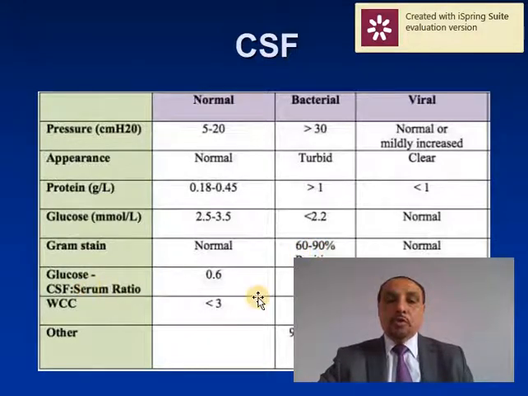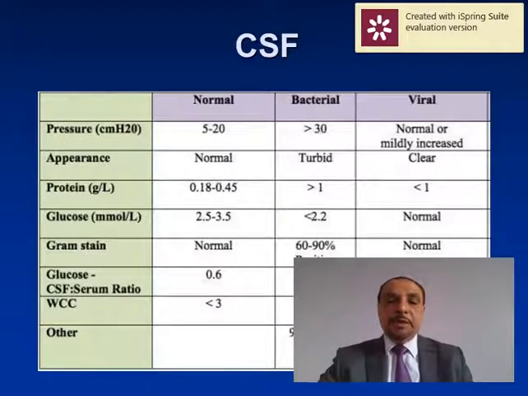The glucose will be decreased in bacterial meningitis. Maybe it will be normal or even slightly increased in viral meningitis. Here the cells in bacterial meningitis will be more than 500 or even more than 1,000, but in viral meningitis it is usually less than 1,000, and this is according to the protocol.